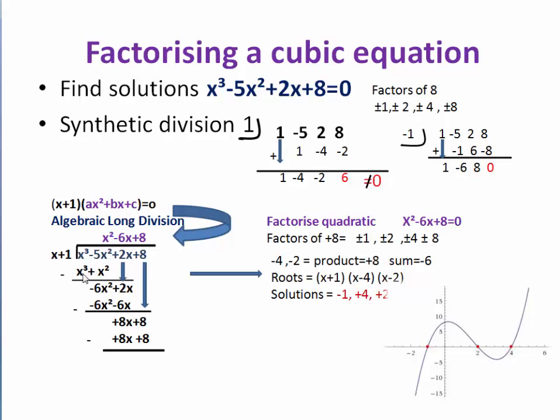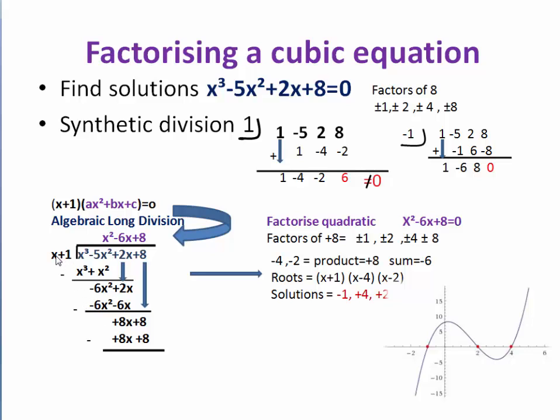Then we write x squared multiplied by x is x cubed underneath, and then x squared multiplied by plus 1, x squared underneath there, a line, and then minus these two. x cubed minus x cubed is 0, so leave that blank. Minus 5x squared minus x squared is minus 6x squared. Then we bring our 2x down.